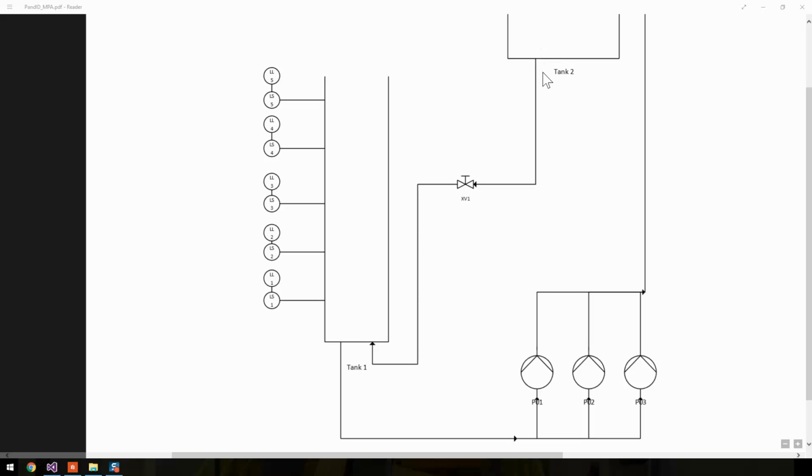From the small tank, well, it's actually bigger but it's lower, the water can run freely down to the tall tank again, and there's a manual valve in between so you can stop the flow manually. The tall tank has 5 level sensors, 5 capacitive sensors that sense if there's water in front of them.